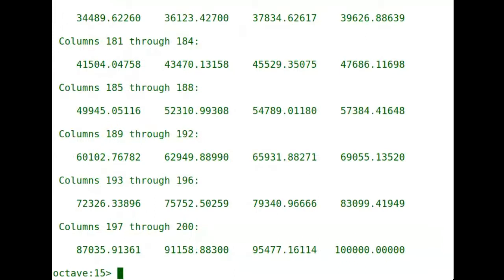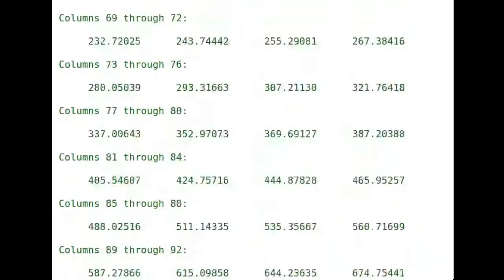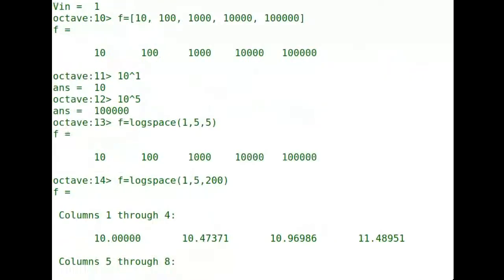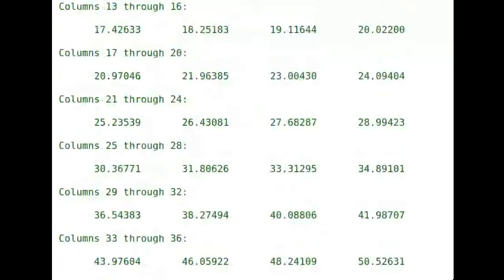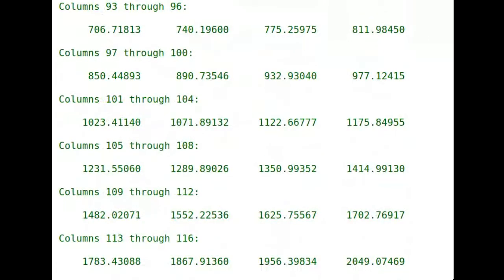You can see the last value is 100,000, and scrolling back up, the first value was 10, and the next was a little bit more than that. Remember that my critical value was 1,590. Here I got a value of 1,550, which is close to that cutoff.